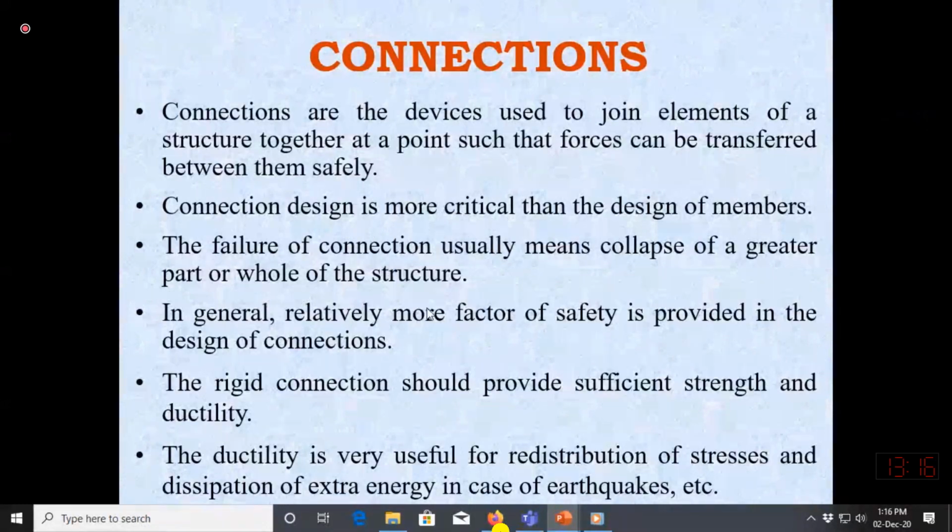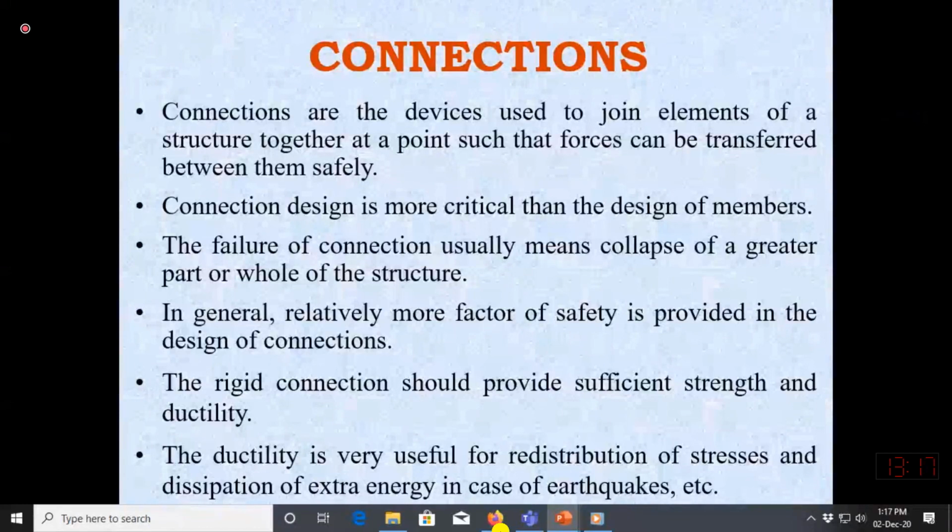So I will give you the typical example of a truss. In a truss, we design all the members separately, and then all the members are joined or connected with each other at the joint with the help of a gusset plate. So all members are connected with the gusset plate, and the gusset plate is connected with all the other members.